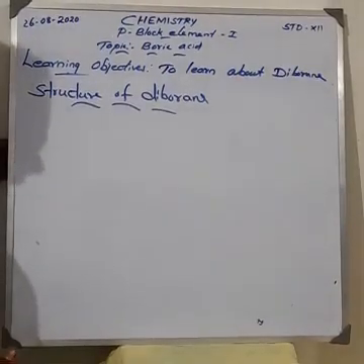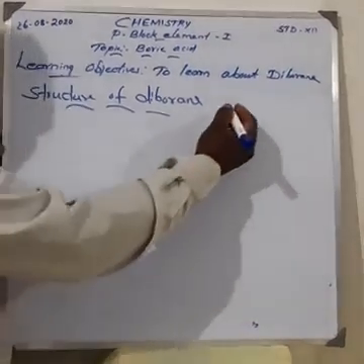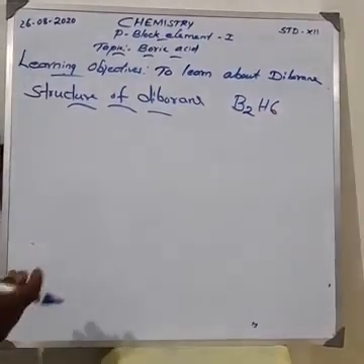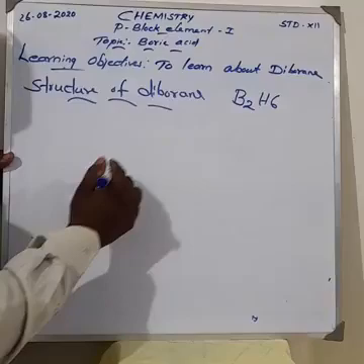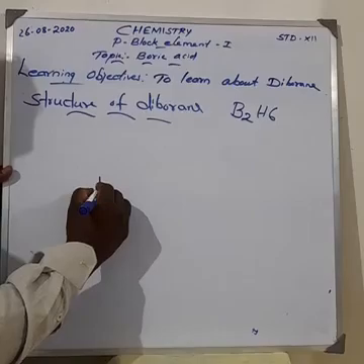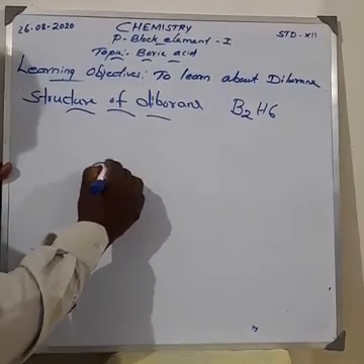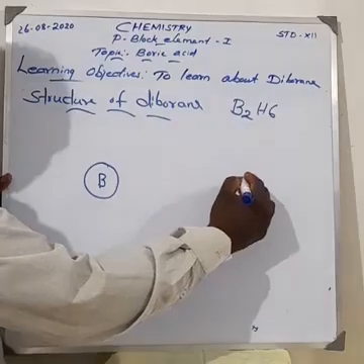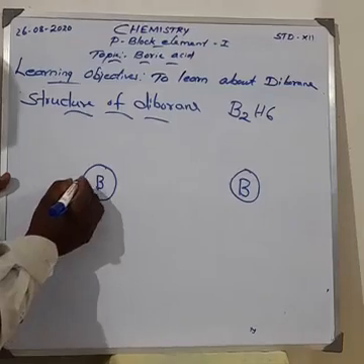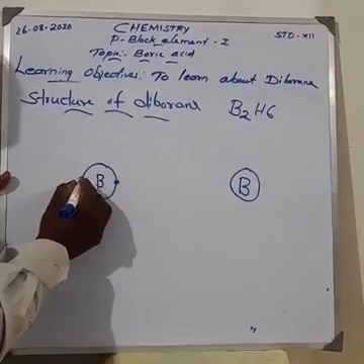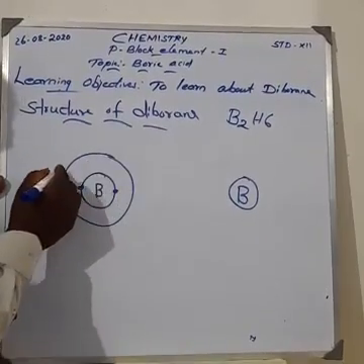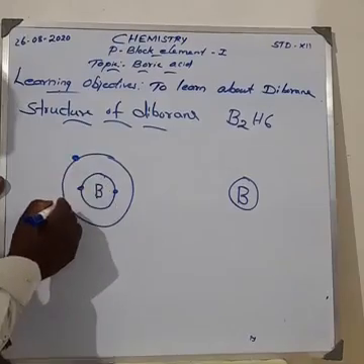Structure of diborane. The formula for diborane is B2H6. First we are taking boron. The atomic number of boron is 5. This is boron, and this is another boron. In the first shell we can accommodate 2 electrons, and in the second shell 3 electrons.